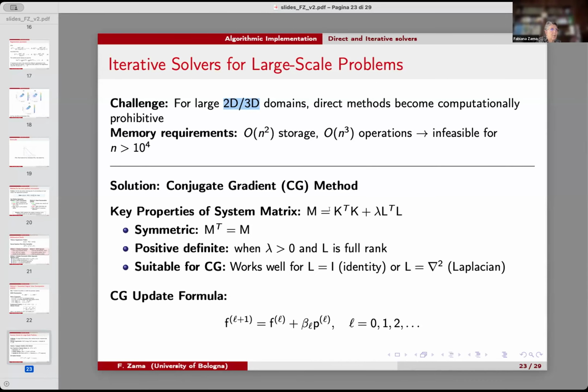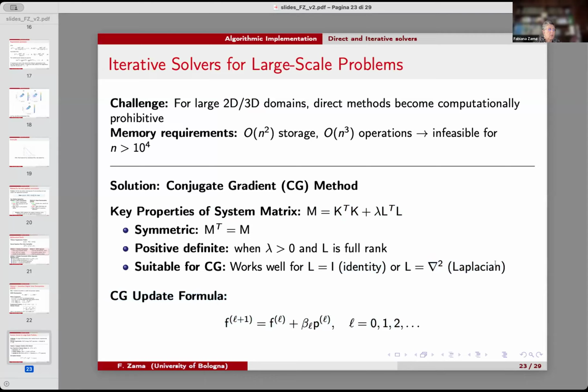The matrix M of the first order condition is symmetric and positive definite, so we can apply this method, provided that lambda is positive and L is full rank. Usually L is a regularization matrix. We can use the identity, or the Laplacian if we are in 2 dimensions, the discrete Laplacian.